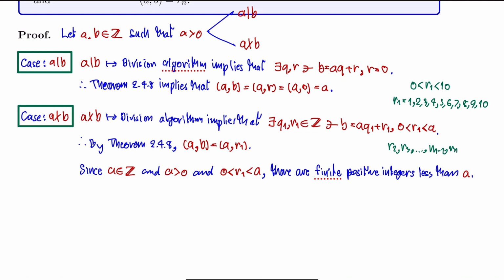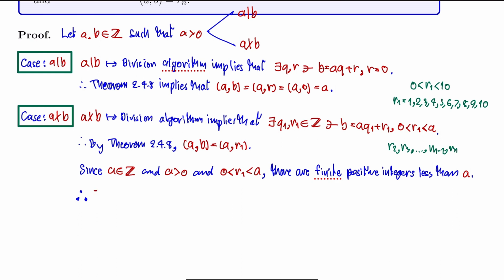I want to start with R2 because we have R1 right here. Now let's continue. Since we have this inequality, we gotta have integers R1, R2, R3, R4, all the way to Rn.